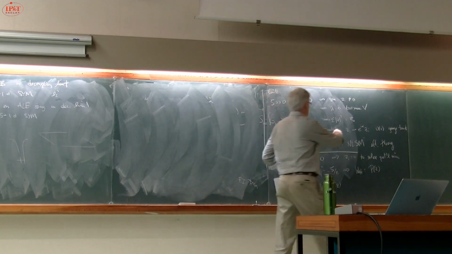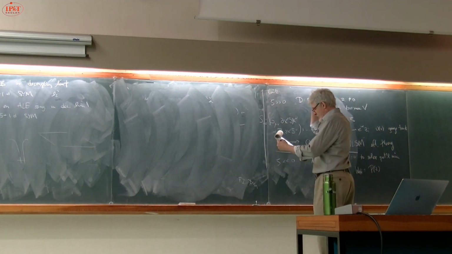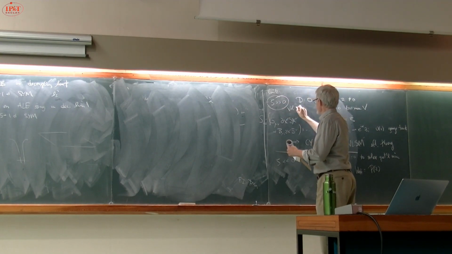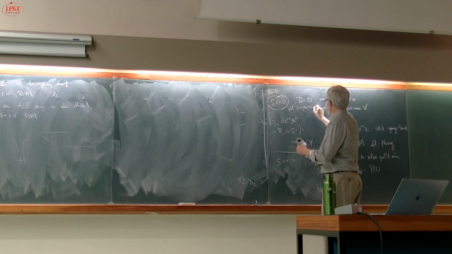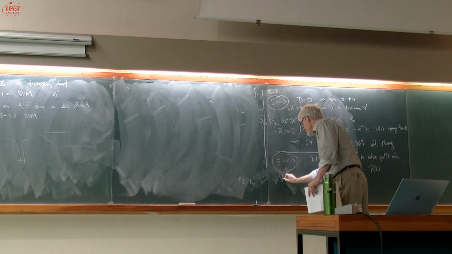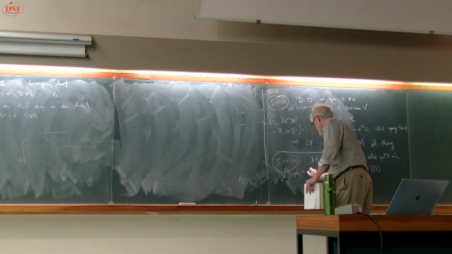So roughly speaking, this intuition is accurate when the volume of this two-cycle is much, much greater than L string squared, and this applies when the volume of the two-cycle is much, much less than string scale.